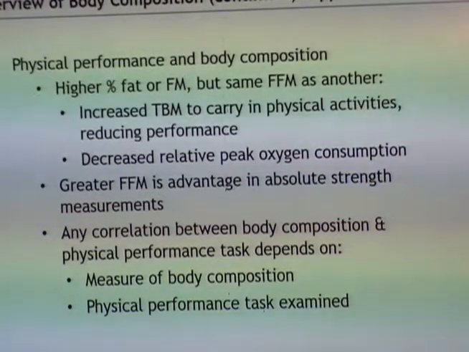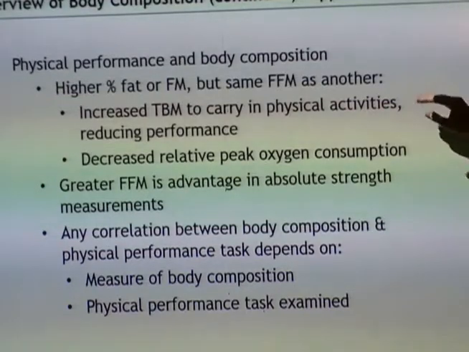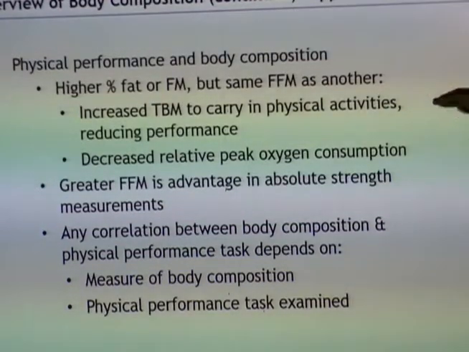But anywhere where I have to lift myself off the ground, because I will have a higher total body mass, I have to work harder, I have to use more energy to do the same job, right? And if I've got the same fat-free mass as someone else, I'm not going to be stronger to overcome that additional total body mass.